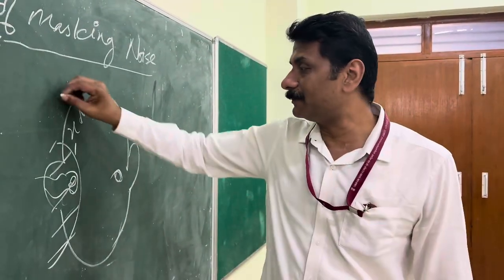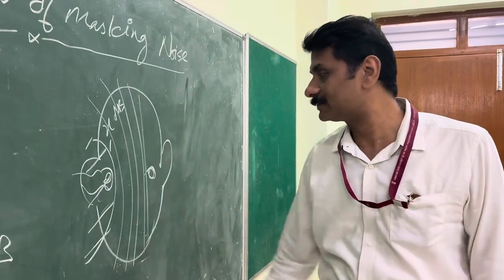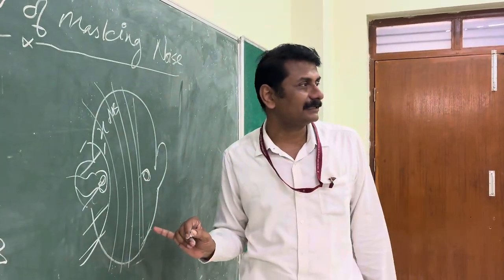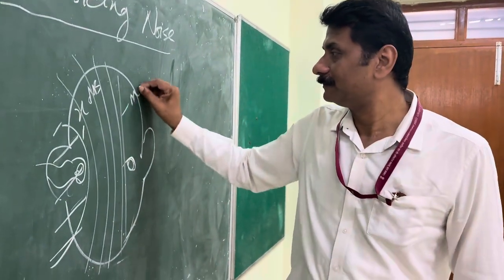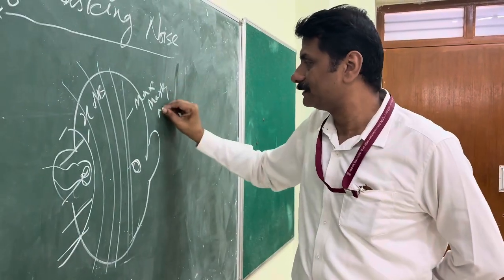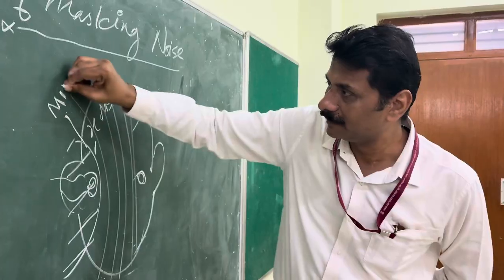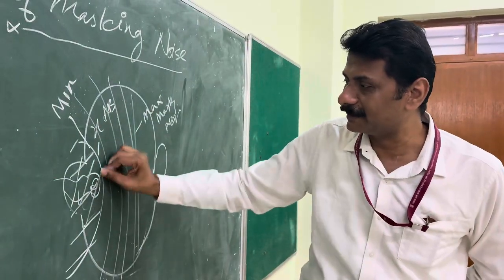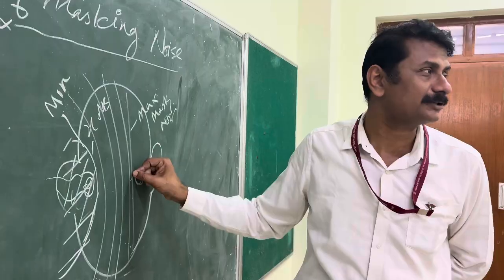And there will be a maximum amount of noise which can go, not even touch, just away from it. So this should be the maximum masking noise. This will be the minimum masking noise just covering this cochlea, and the maximum masking noise just reaching but not touching this cochlea.